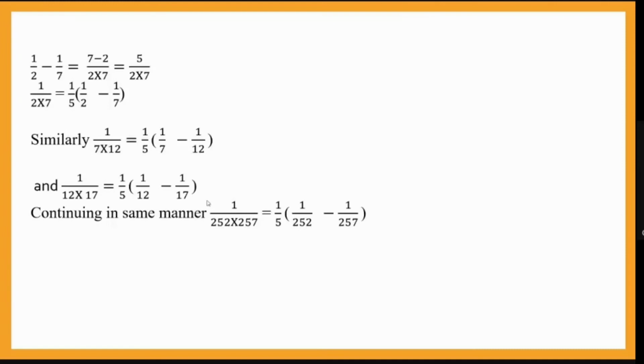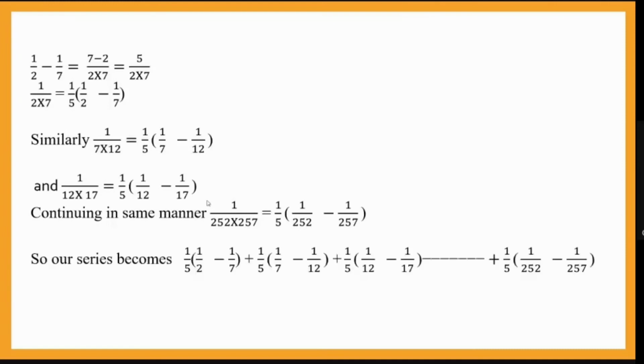So the series now becomes (1/5)(1/2 − 1/7) + (1/5)(1/7 − 1/12) + (1/5)(1/12 − 1/17) up till (1/5)(1/252 − 1/257).